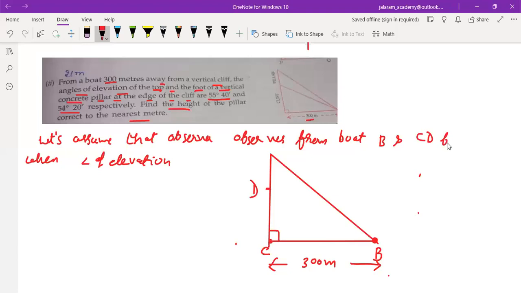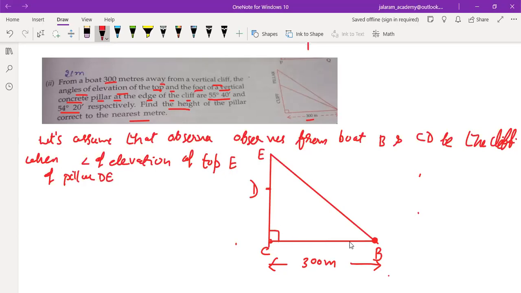And CD be the cliff. An angle of elevation of the pillar at the top, that is DE is the pillar of top E, of pillar D. This pillar is located at the top of the cliff.